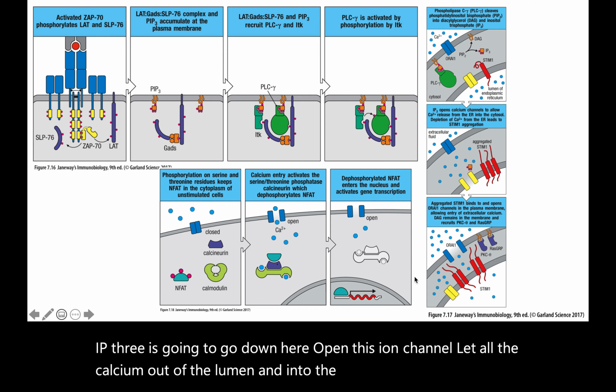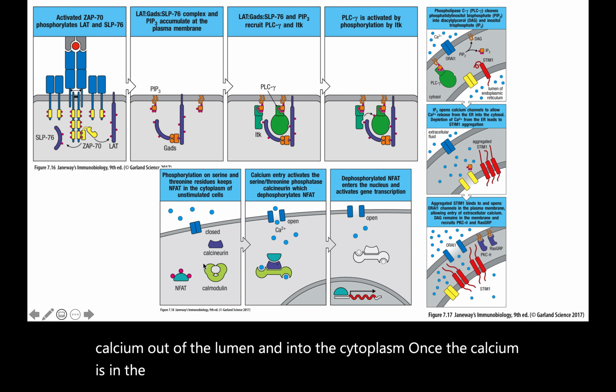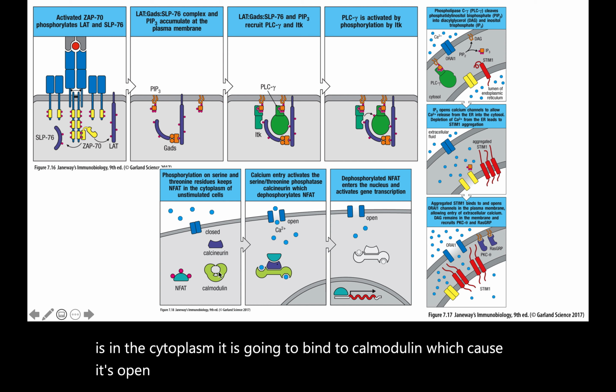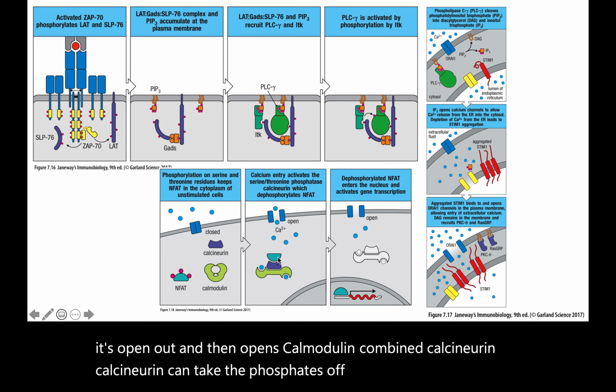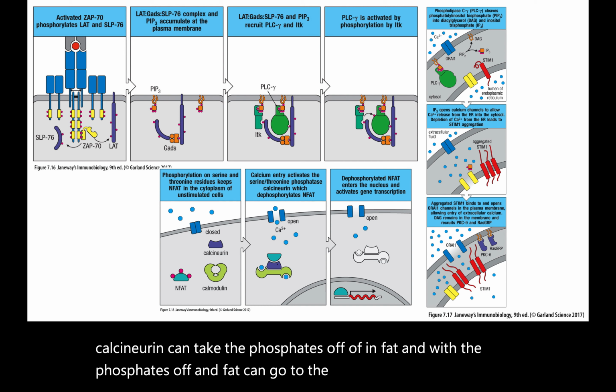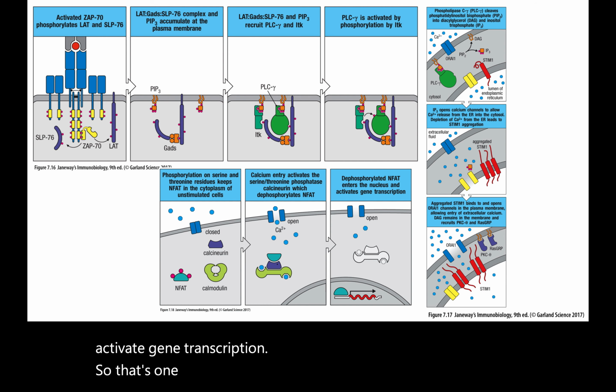Once the calcium is in the cytoplasm, it is going to bind to calmodulin, which causes it to open out. And then opened calmodulin can bind calcineurin. Calcineurin can take the phosphates off of NFAT, and with the phosphates off, NFAT can go to the nucleus and actually activate gene transcription. So that's one little pathway right there.